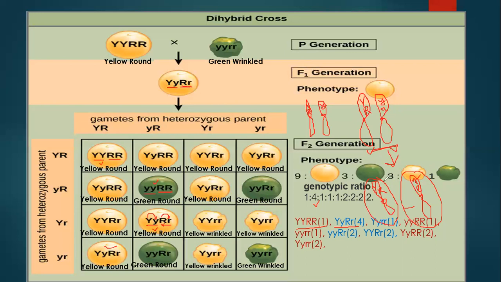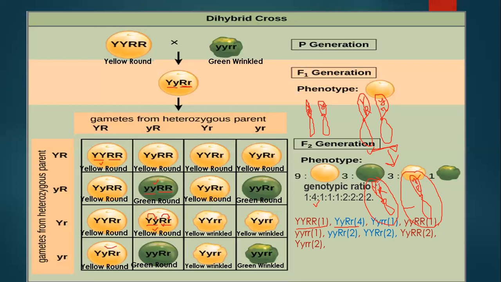As I have told you, in the gamete, for one trait, only one gene is received. For the first trait it has received capital Y, for the second trait capital R. The other gametic cell has received small y and small r. Now this has become half, and these chromosomes have moved to different gametes.